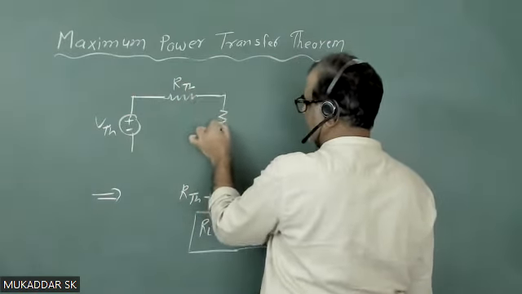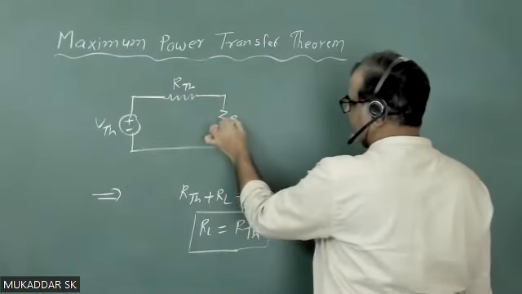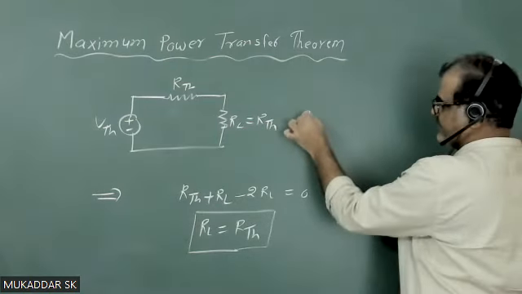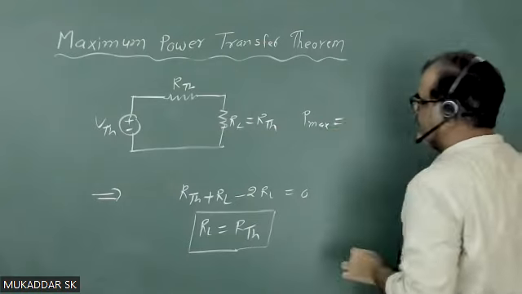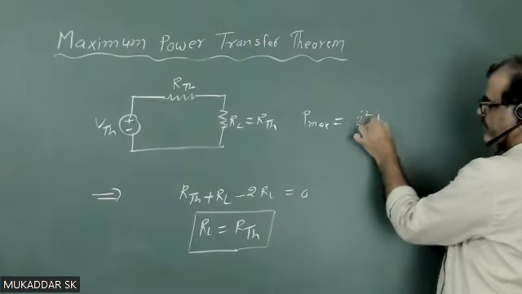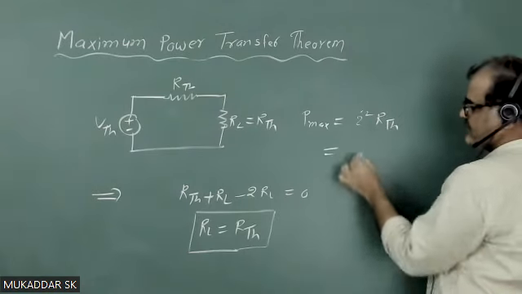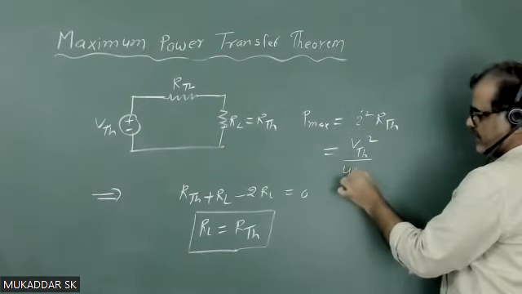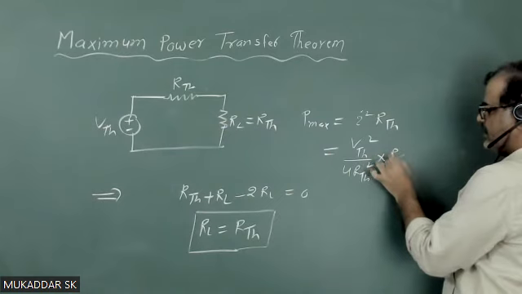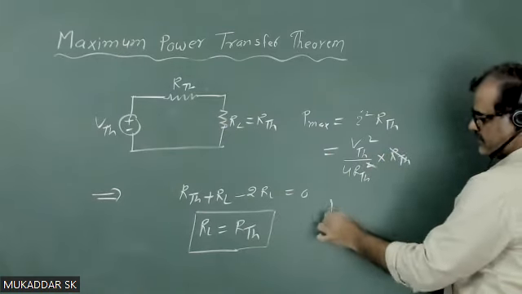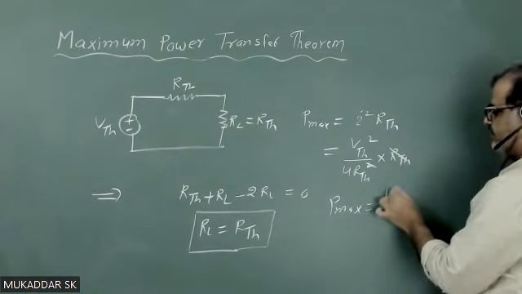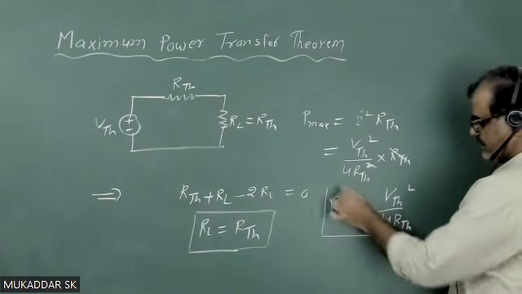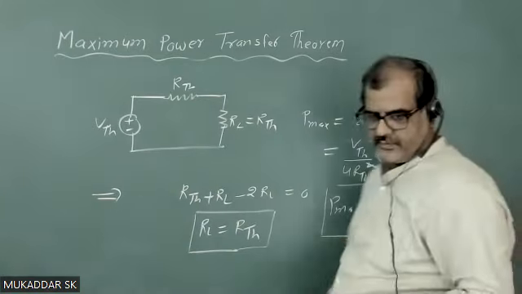Okay, and now this RL will become equal to R Thevenin for maximum power transfer, and the value of P max will be I square R Thevenin, and I square this time becomes V Thevenin square upon R Thevenin plus R Thevenin, that means 4 R Thevenin square, into R Thevenin. So this will cancel out. So the formula for P max will be V Thevenin square upon 4 R Thevenin.